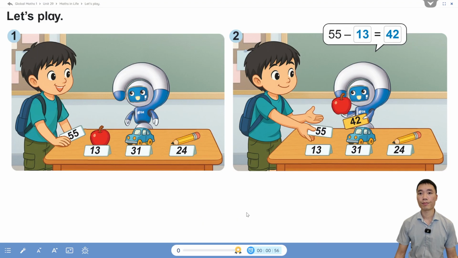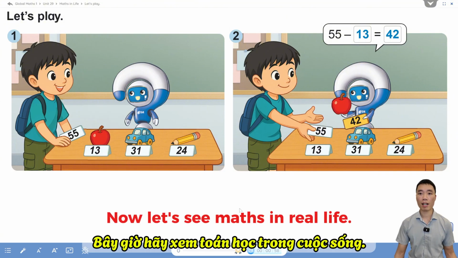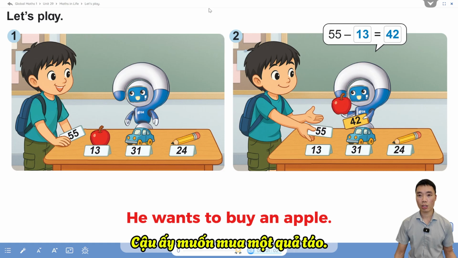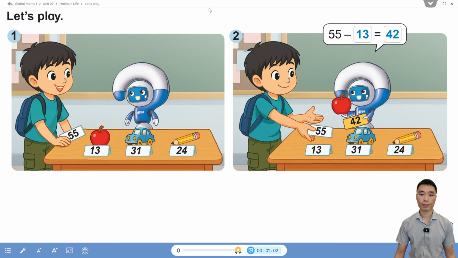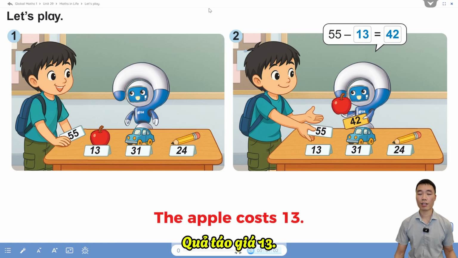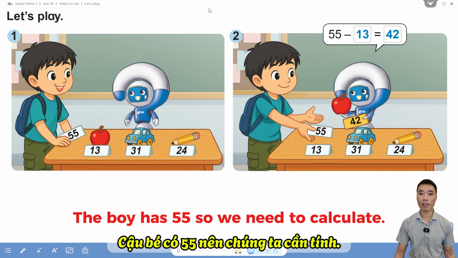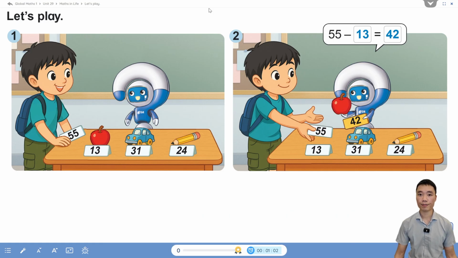Let's play. Now let's see maths in real life. Look at the boy. He wants to buy an apple. The apple costs 13. The boy has 55, so we need to calculate. 55 minus 13.